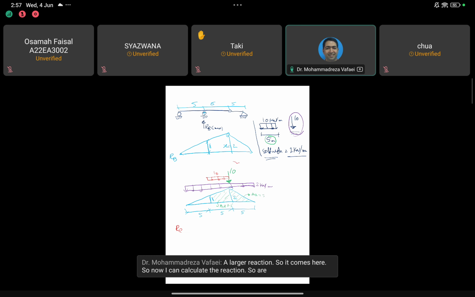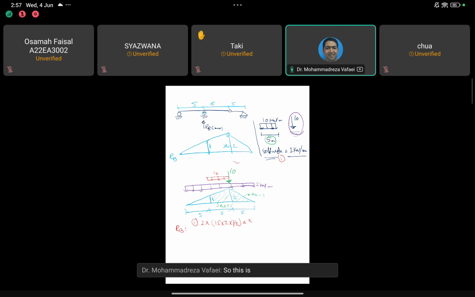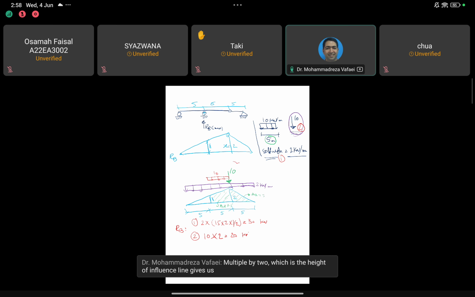So RB, the reaction, comes from three sources. Self-weight, which is here: we have 2 kilonewton multiplied by this triangle, which is 15 multiplied by 2 divided by 2. So this is 30 kilonewton from self-weight. The second one, which is the moving point load, is 10 multiplied by 2, which is the height of the influence line, giving us 20 kilonewton.